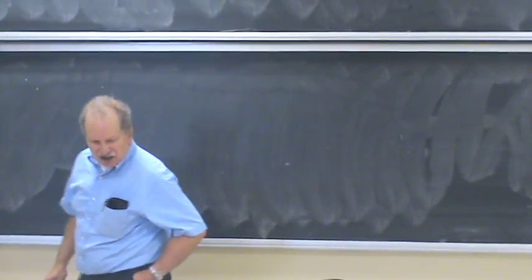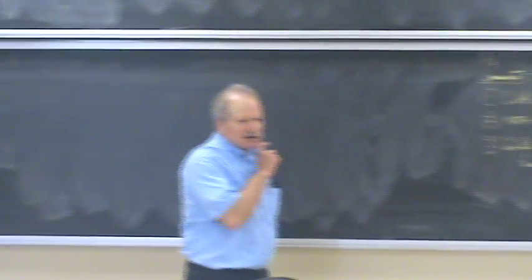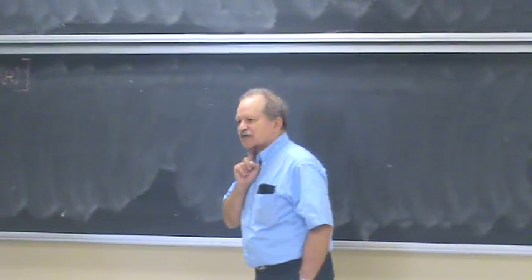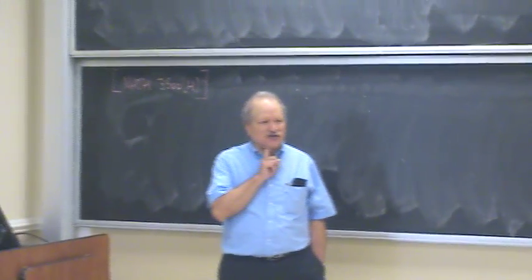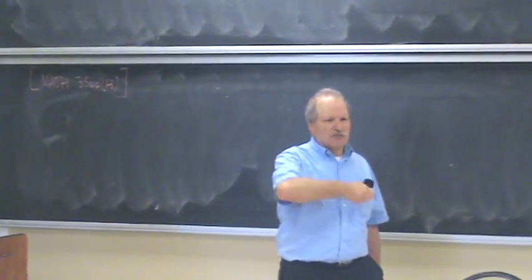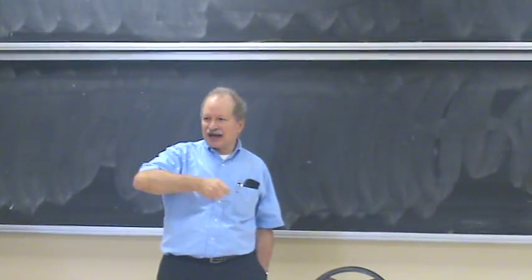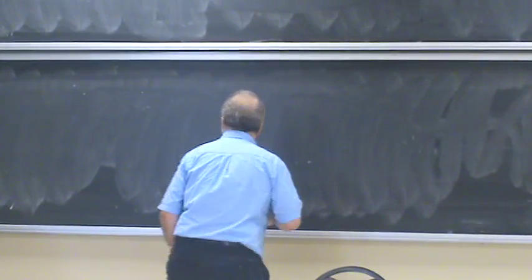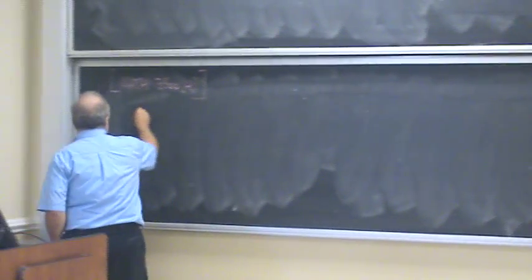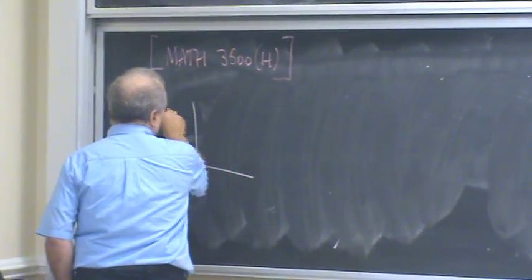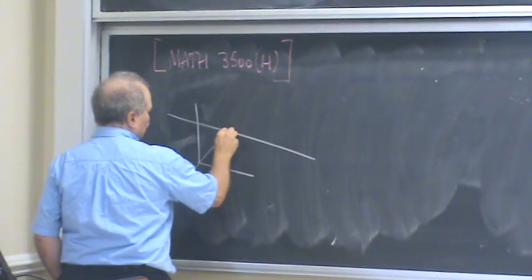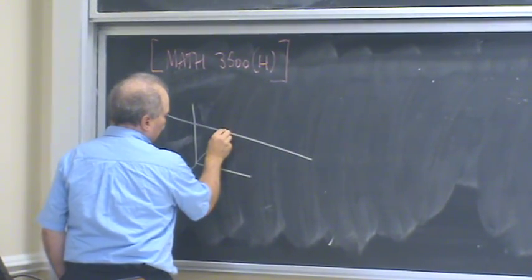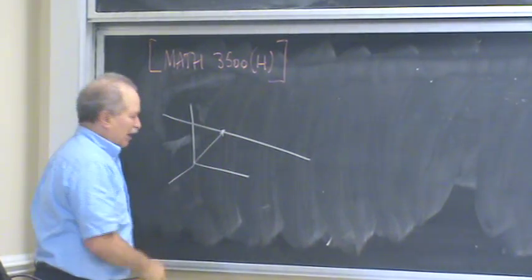All right, so we talked yesterday about using vectors to do proofs of geometric statements, and we talked about how you could think about parameterizing a line. We said you could think about a line as being given by going to a certain point on the line and then moving in a certain direction, a certain amount.